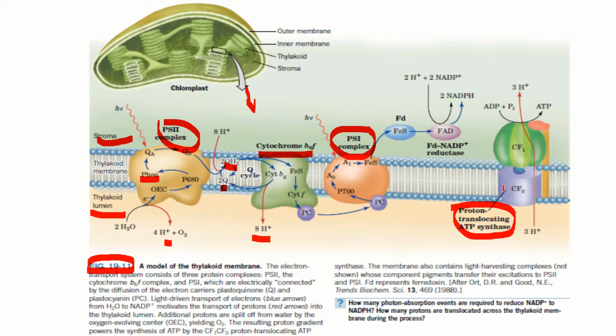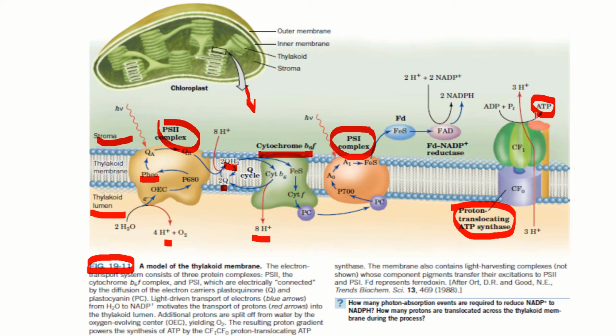Another point is that when the electrons are flowing like this, protons are accumulating, creating a proton gradient, and these protons are flowing back through this ATP synthase, and ATP is being made. Synthesis of ATP is phosphorylation. Actually, this is photophosphorylation. Why do we call it photophosphorylation?